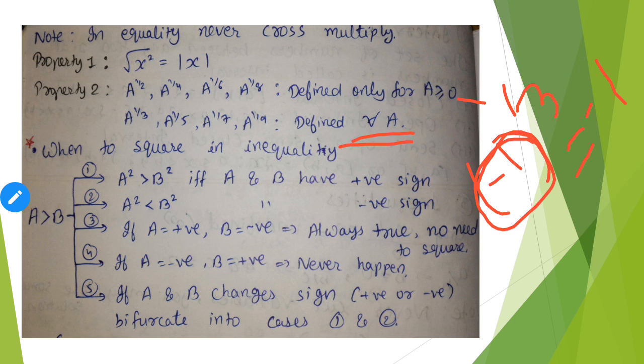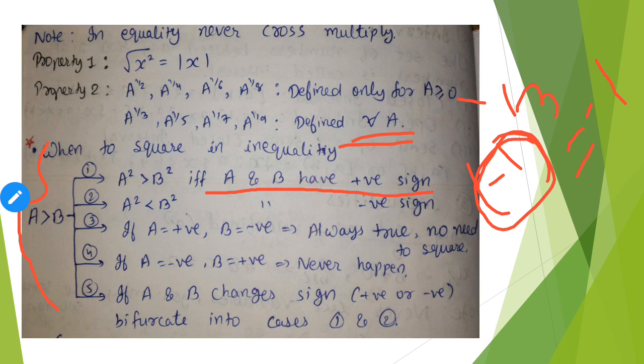Now, when to square in an inequality. This is very important for any exam. For example, it is given a greater than b. We can square on both sides if and only if both are positive. Because if we have one positive and one negative, we cannot directly square. This is a law that we should follow.